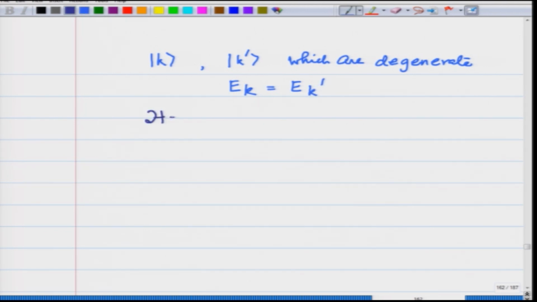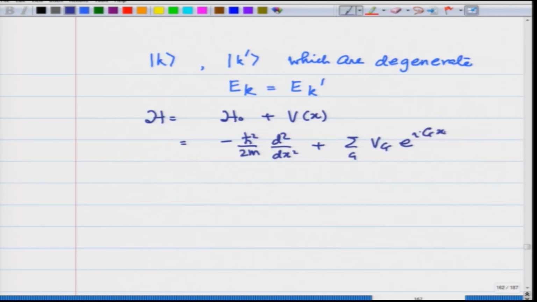Given the Hamiltonian, which is H0 plus V(x), which is minus h cross squared over 2m d2 by dx squared plus the summation over g of Vg e raised to igx, I will consider only two levels k and k prime.